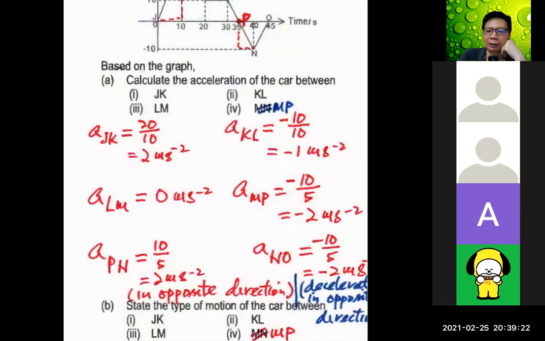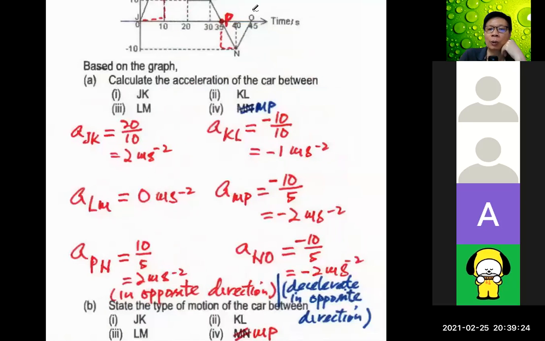And the last part from N to O is getting slower, moving in the opposite direction. This one is negative. Why do I say getting slower? Because from negative 10 it drops to negative 8, negative 6, negative 4, 0. So it's getting slower, but in the opposite direction.